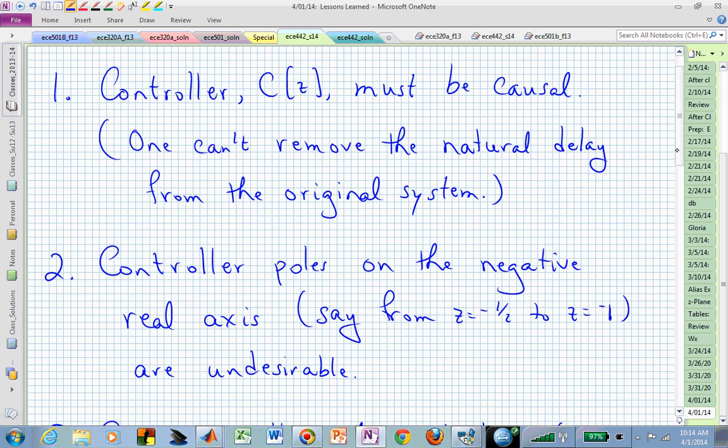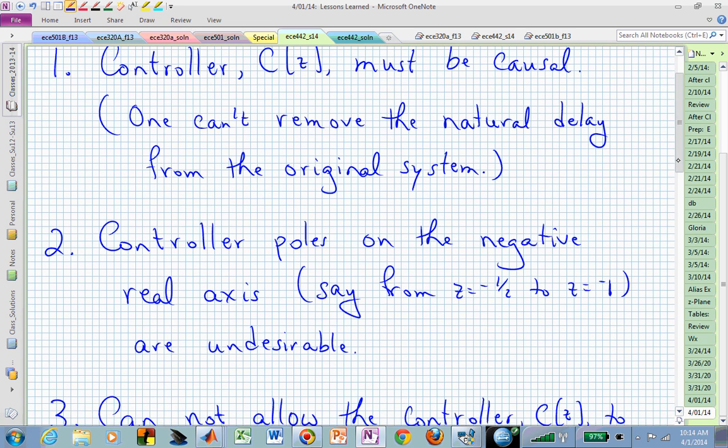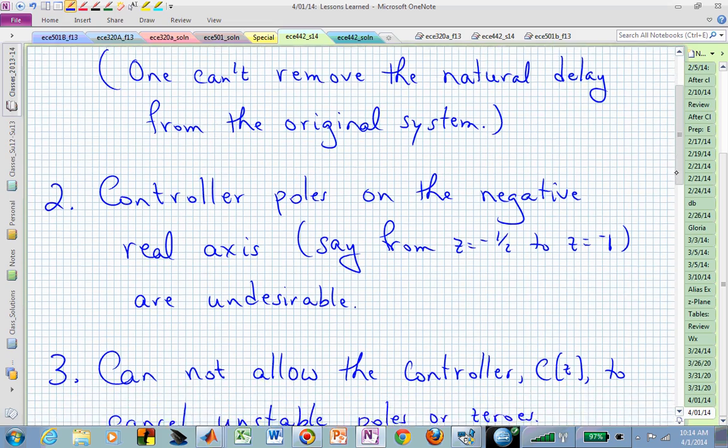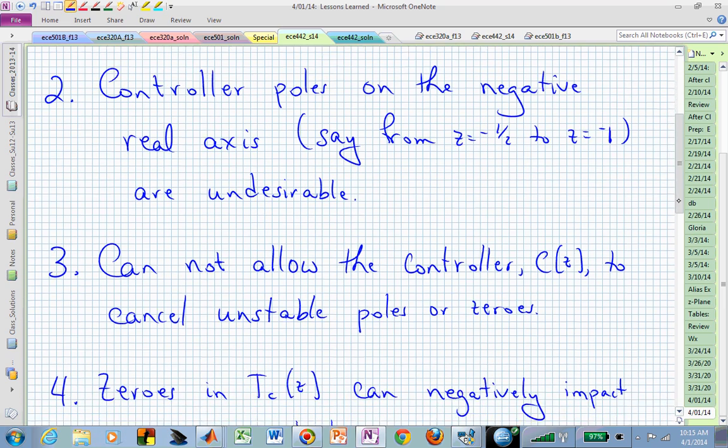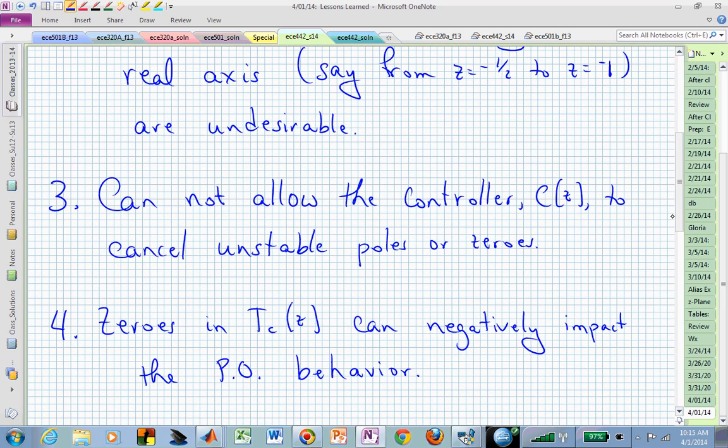We would like to avoid controller poles on the negative real axis, the ones that might cause this violent switching behavior. Those are undesirable, and we're saying those are maybe between z equal minus 1/2 to z equal minus 1. We don't want the controller, C of z, to be canceling any unstable poles or zeros. That will cause internal instability in our system.